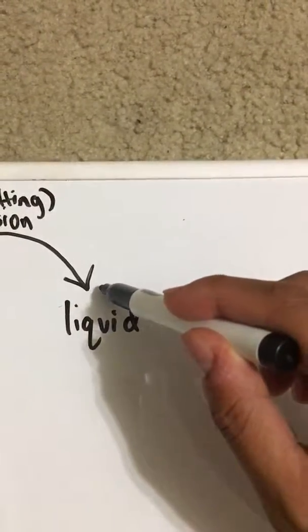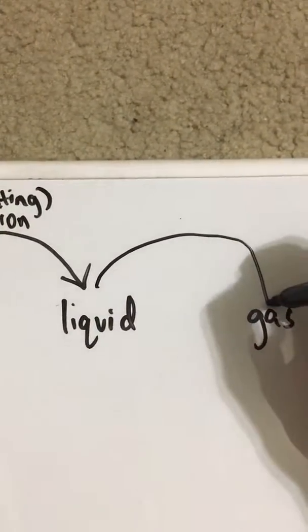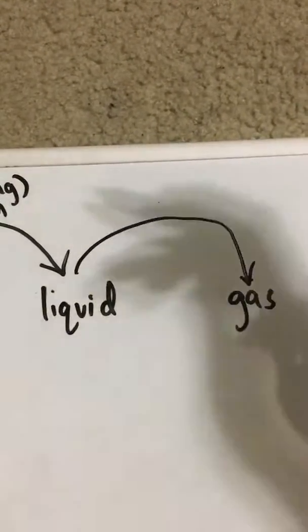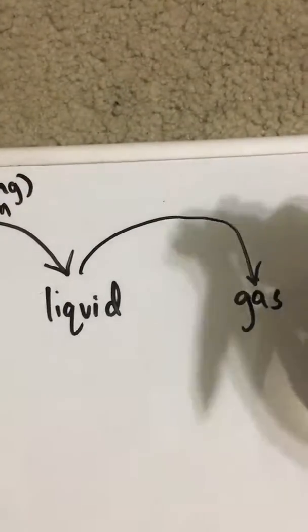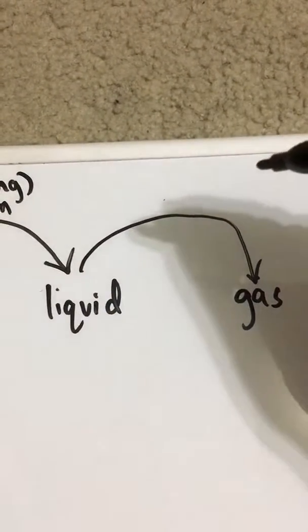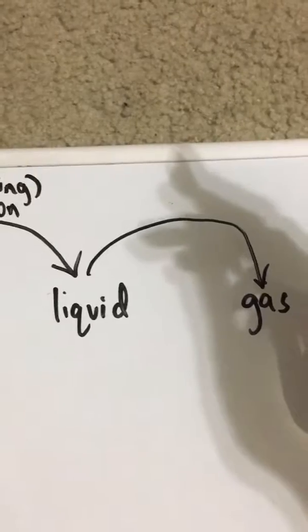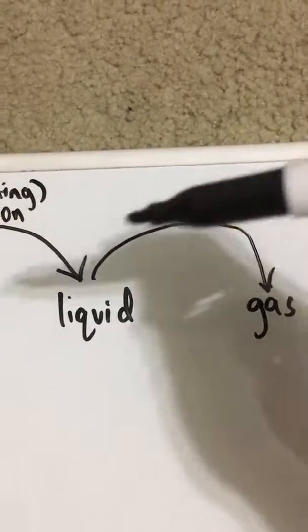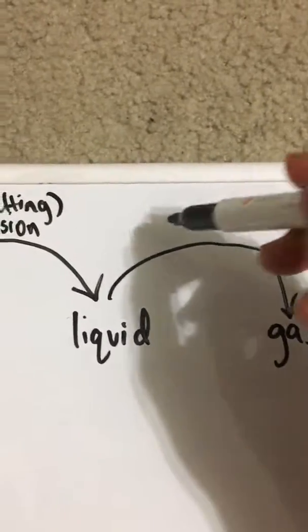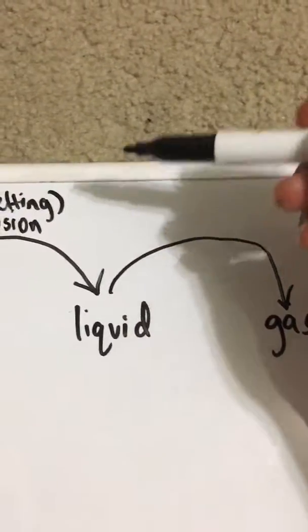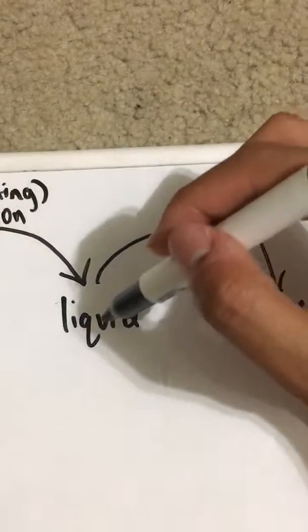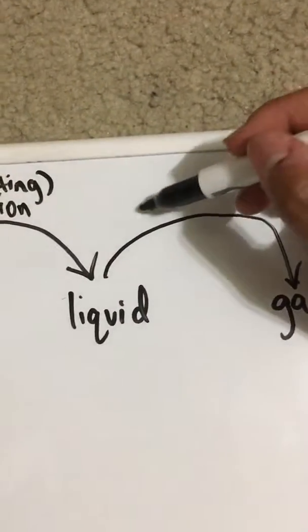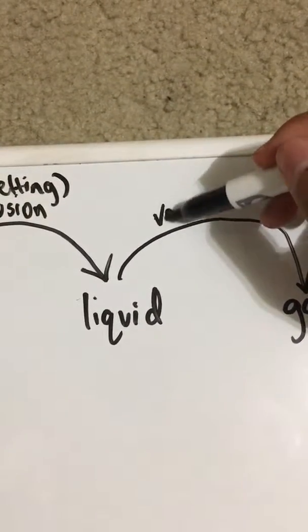Well, from liquid to gas, you would usually see it in a pot of boiling hot water. If you've ever seen a pot, right above the pot there is steam. That steam is water vapor. And the process of going from liquid to gas is called vaporization.